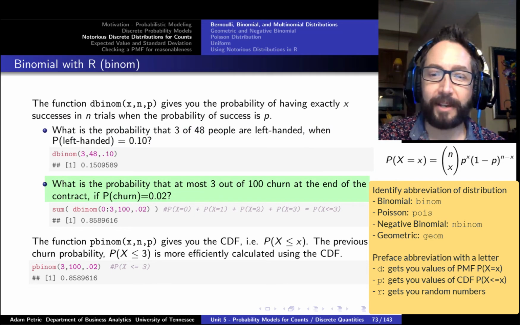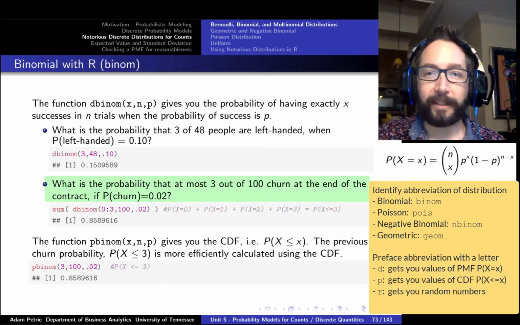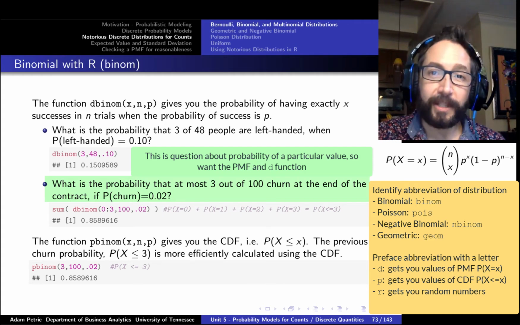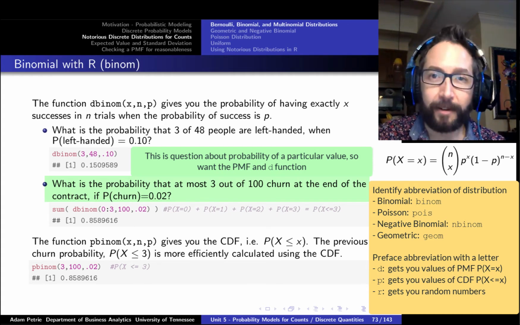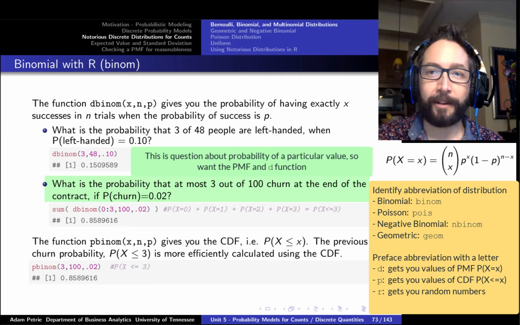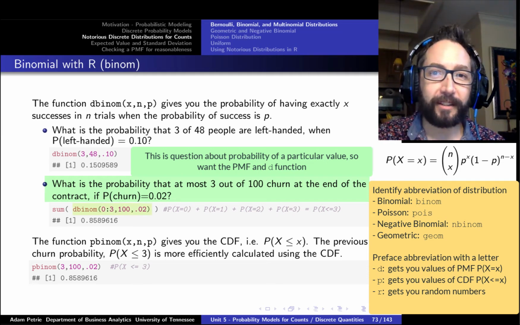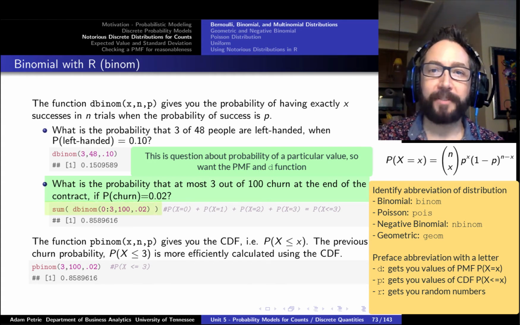What's the probability that at most 3 out of 100 people churn if each person independently has a 2% chance of churning? Well, at most 3 corresponds to the values 0, 1, 2, or 3. And so in this case, I can throw the vector 0 to 3 at dbinom to get the probabilities of each one of those 4 values, and then just take the sum of the result. So I can very quickly get the probability of getting at most 3.